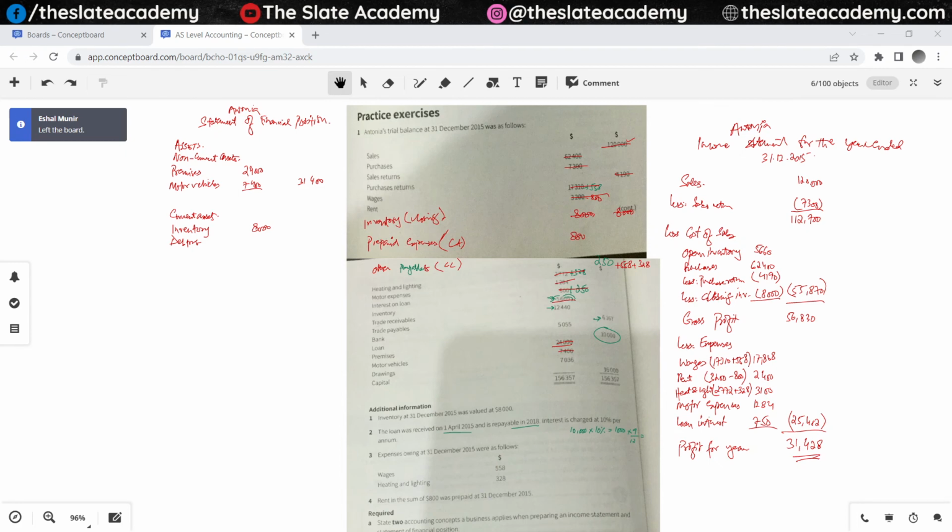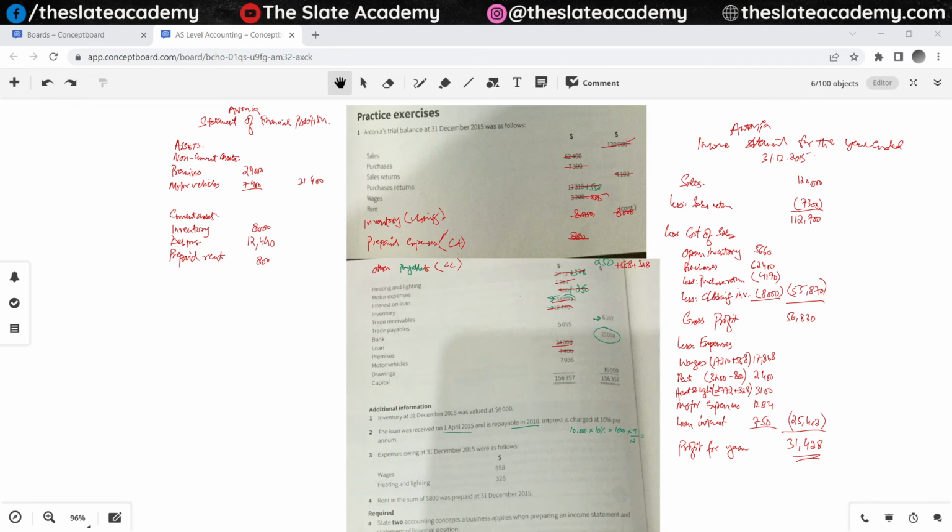Trade receivables would be 12,440. And then I have other receivables, which in this case is just prepaid expenses or prepaid rent. Prepaid rent. How much is that? 800.